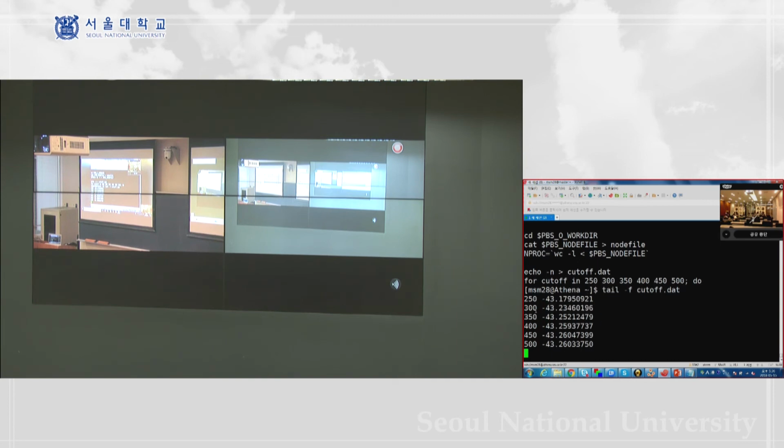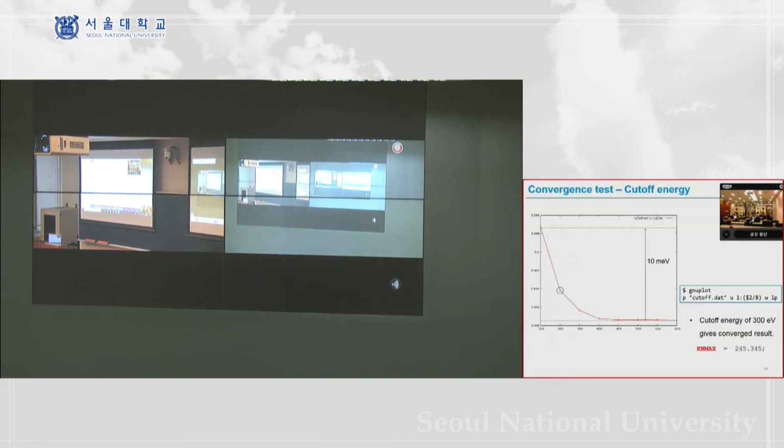So we can plot the energy versus cutoff energy. It will look like this. As the cutoff energy increases, the energy converges to a specific value.